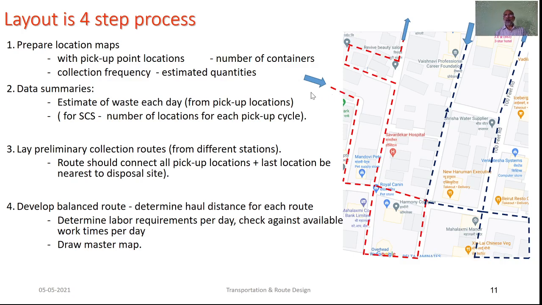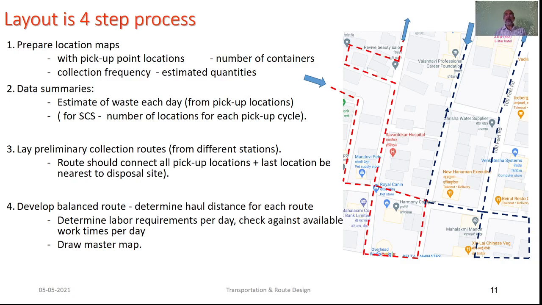Here we have to have the route which will be connecting all such pickup locations, and we wish to have this particular last pickup location near to the next facility that we wish to go.